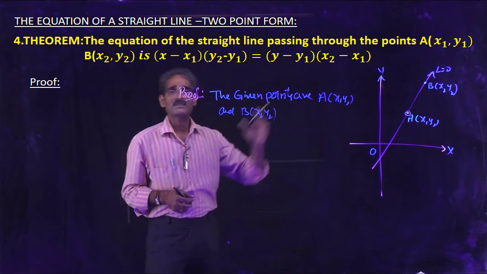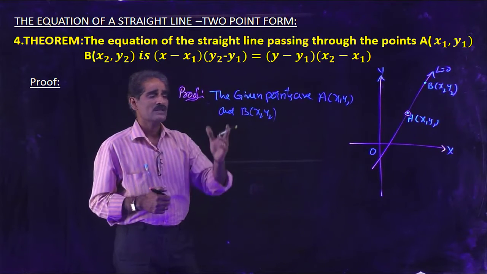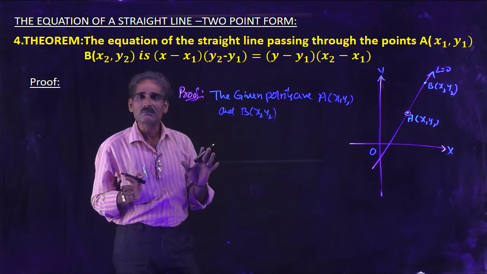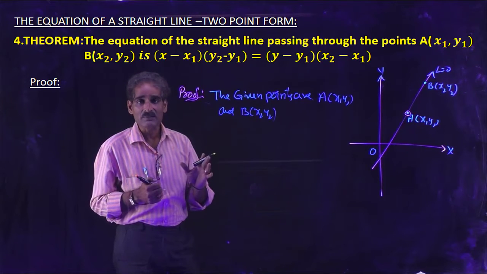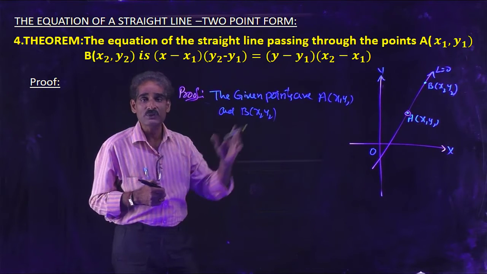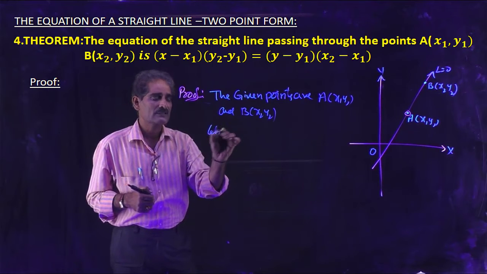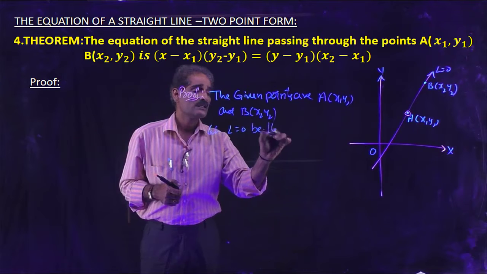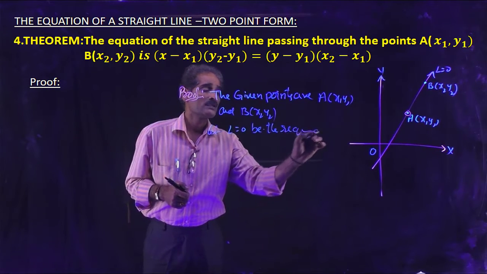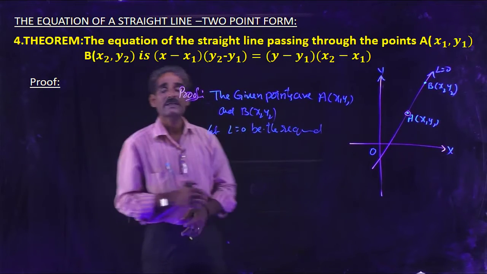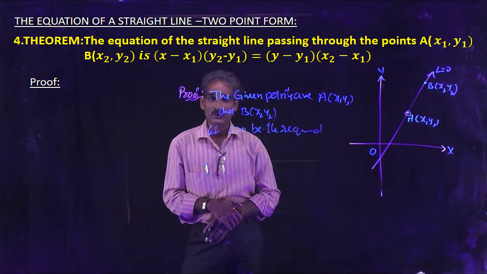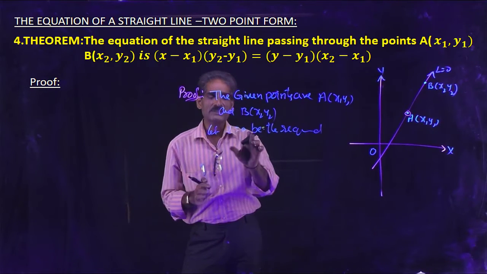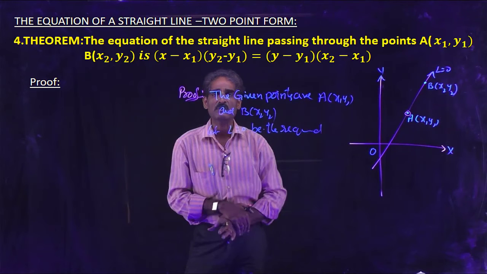Let the equation of the line passing through A (x1, y1) and B (x2, y2) be L. Let L equal 0 be the required line which is passing through A (x1, y1) and B (x2, y2). Understand? So L is the required line which is passing through A and B.